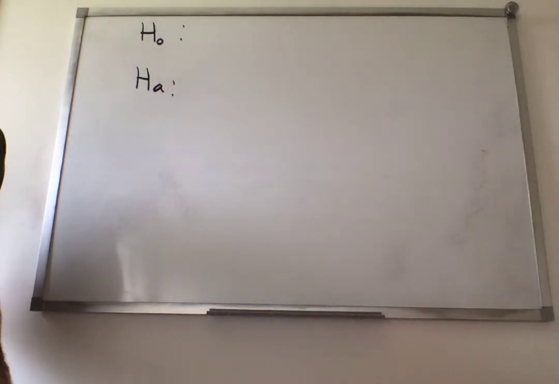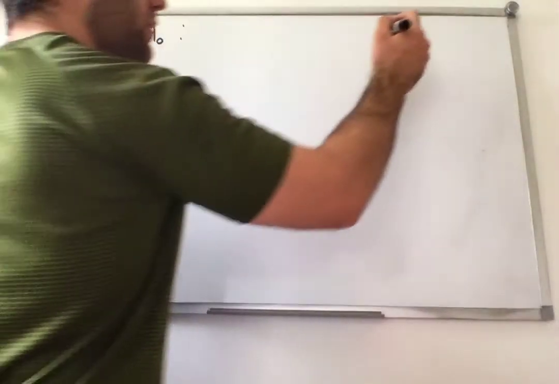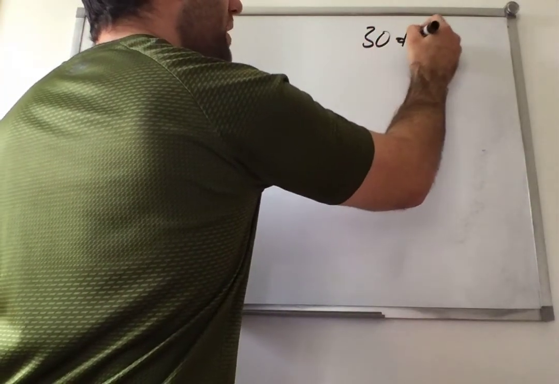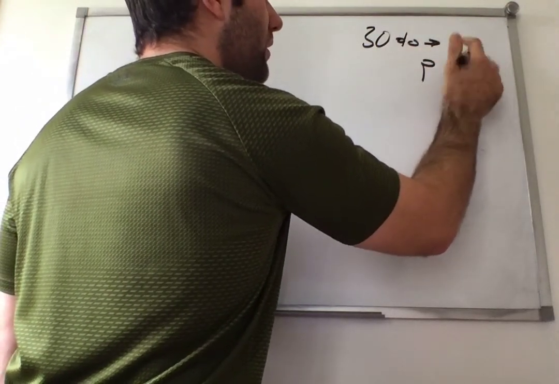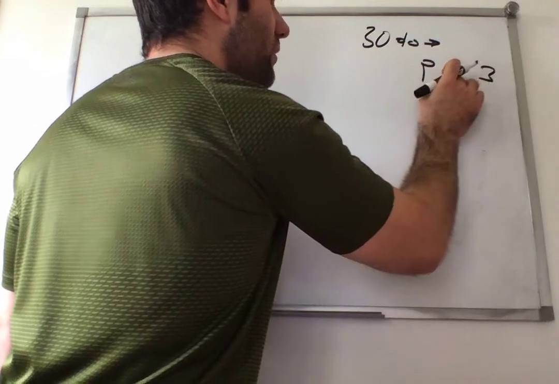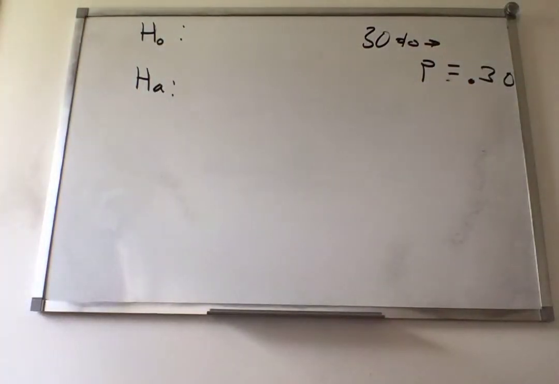It says, we wish to test the claim that more than 30% of all registered voters in a certain county voted in the primary election. Okay? They gave us a percentage, 30%. So that's P is equal to 0.30. They gave us a proportion, okay?